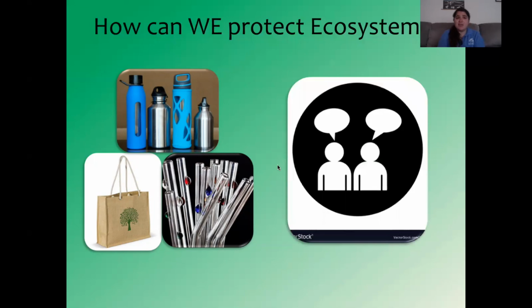The easiest thing you can do to help protect ecosystems is to tell someone in your family, your friends, all about how awesome ecosystems are. And by doing that, we're helping to spread the word and helping other people learn about how important ecosystems are. And another thing you can do with this is to take your family or friends to ecosystems to explore.